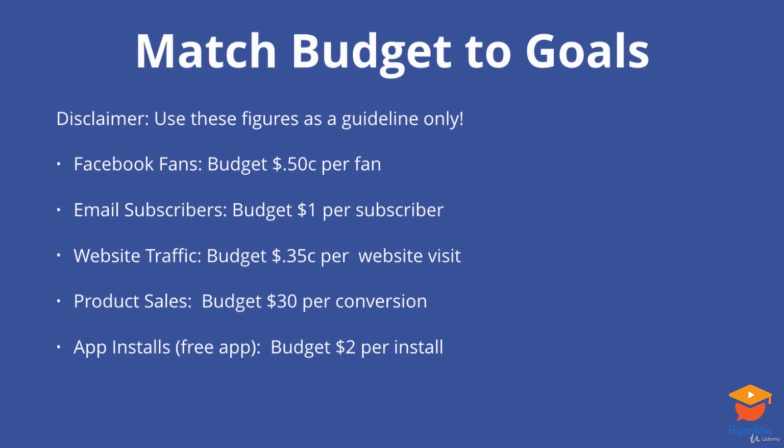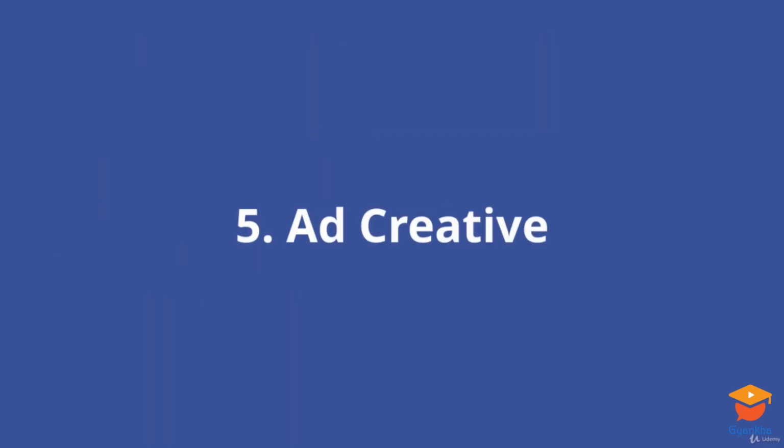So if you want to get Facebook fans, you want to budget maybe 50 cents per fan. Email subscribers, $1 per subscriber. Website traffic, maybe about 35 cents per website visit. Product sales, you want to budget maybe $30 per conversion. And app installs for a free app, budget about $2 per install. So results will vary, but there are some very rough guidelines to work towards.